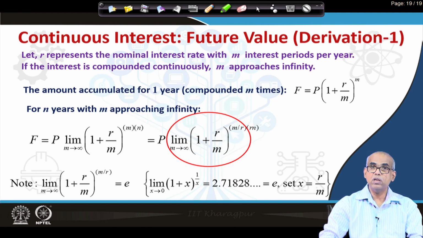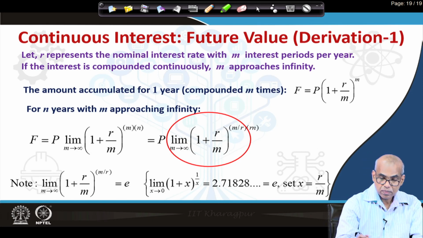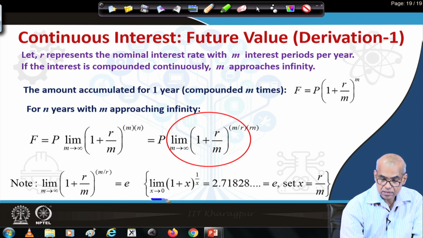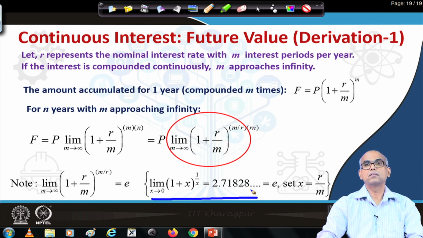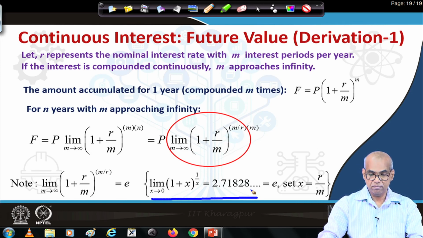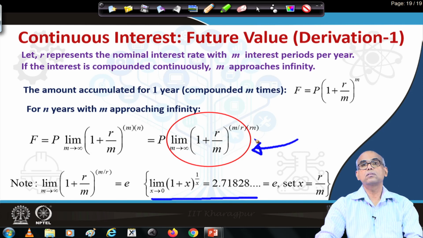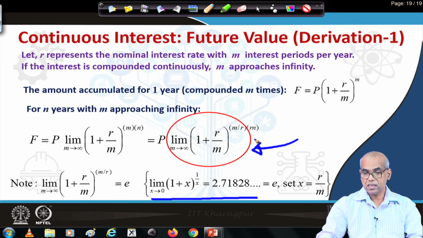From calculus, you know, limit x tends to 0 of 1 plus x to the power 1 by x is e. Now, if you set x equal to r by m, then you know that this circled quantity is nothing but e, which is 2.718, Euler's number.